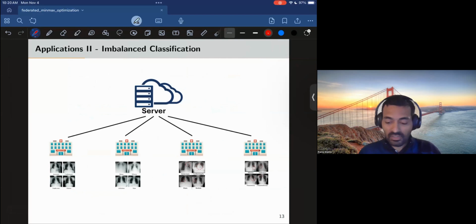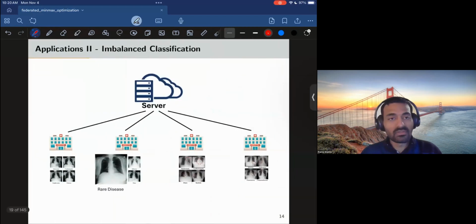And in a more serious application, we already talked about this briefly, but just to reiterate the point, suppose we have a bunch of hospitals which want to collaboratively train an ML model which will classify chest x-rays based on the diseases these x-rays come from, right? And now suppose at one of these hospitals, a chest x-ray for a very rare disease shows up, right?